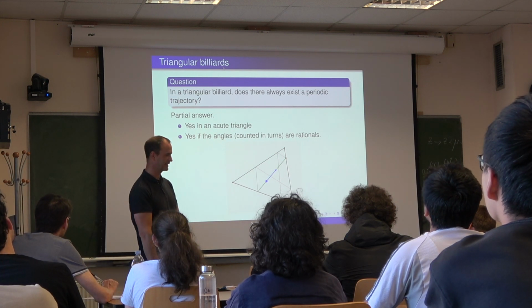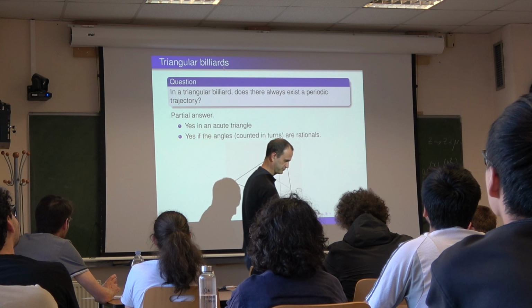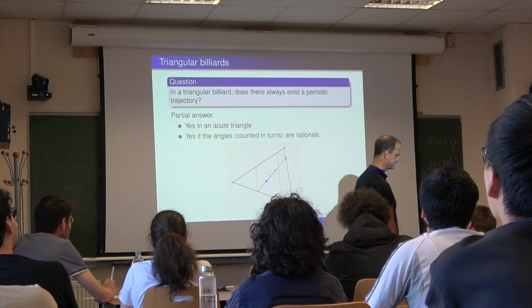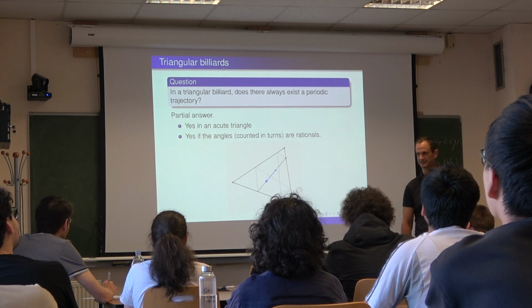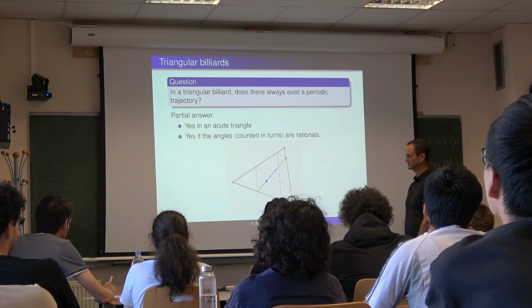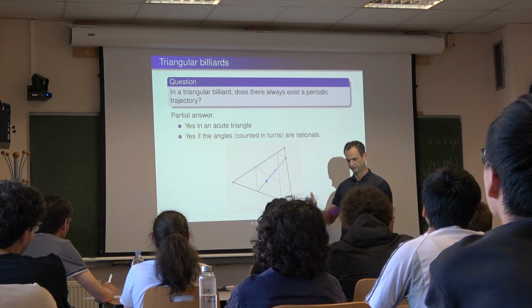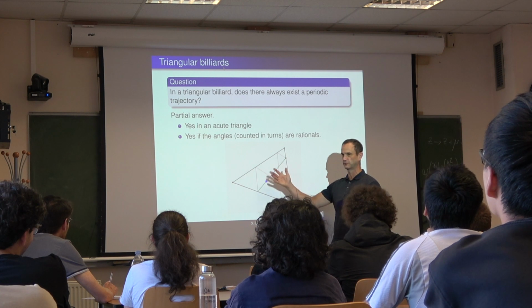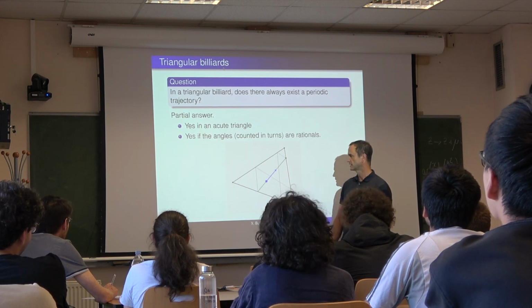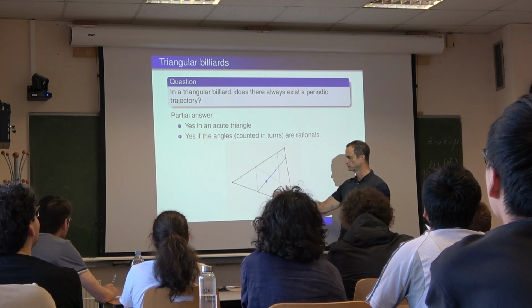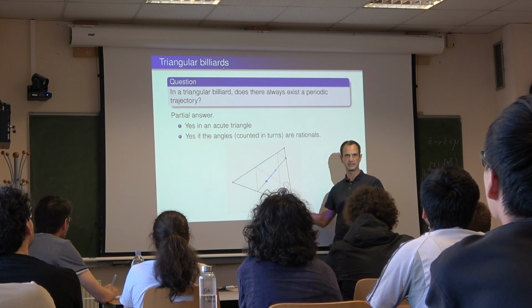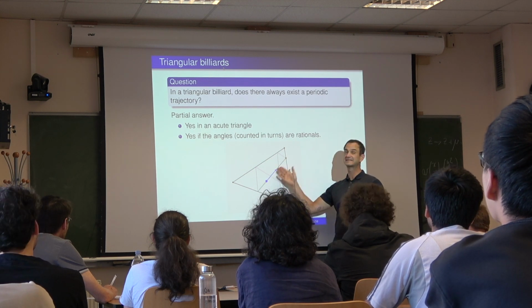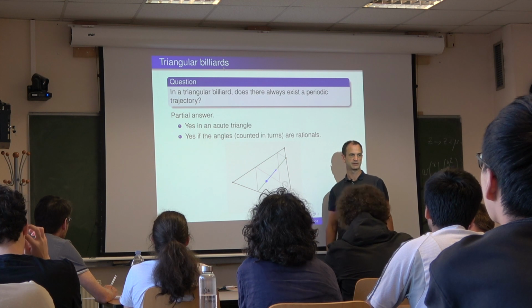I don't remember, it's Katok who said that for the person who solves it, maybe $1,000 or something like that. Not much, but there is a prize, and it's a very well-known conjecture for people working on billiards. Can you prove that in every triangular billiard, there exists at least one periodic trajectory?